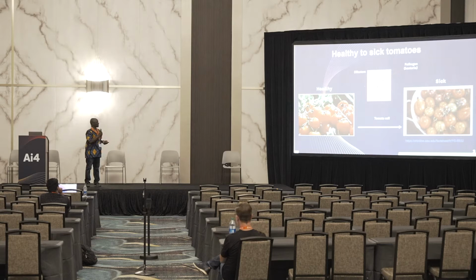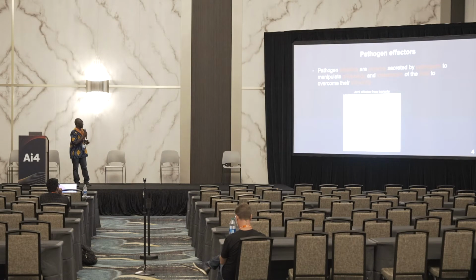What salmonella does, it delivers those proteins in your system and then you get sick. Okay? So what are these effectors? These are proteins that are secreted by pathogens. It can be bacteria, it can be fungi, or viruses.